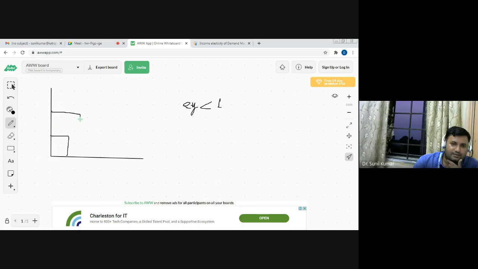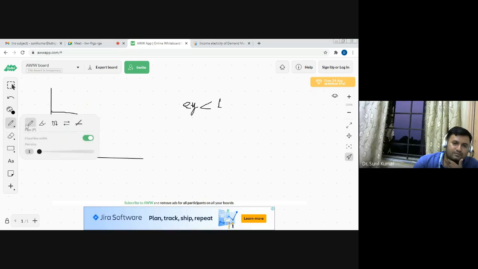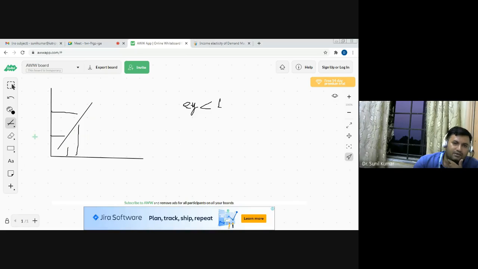Just join here and try to make one straight line from this by touching this. So I will try to make it again. So this way we can do.